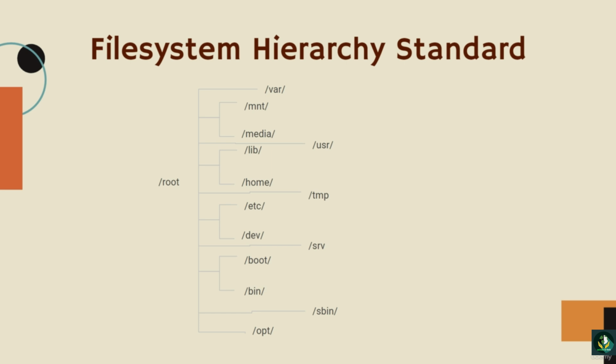Usr, that is the user secondary hierarchy. Var, where variable data is stored. Boot, static files for the bootloader. Dev, directories in the location of specific or device files.